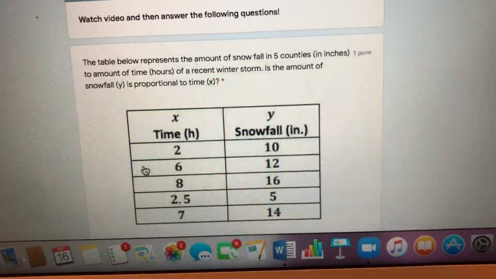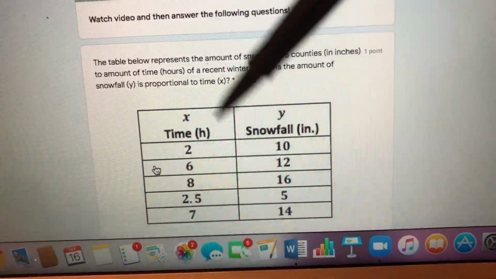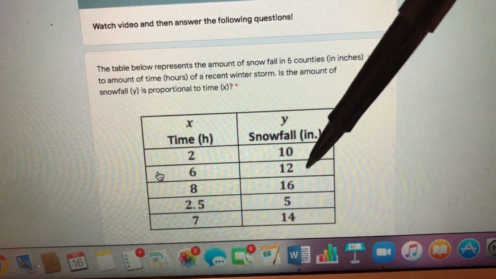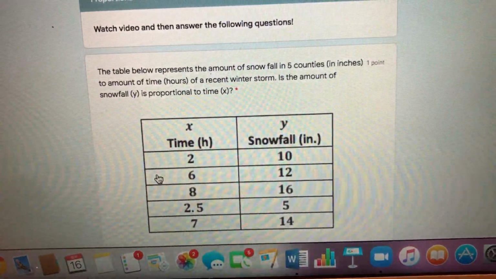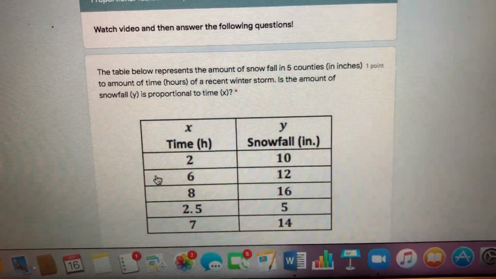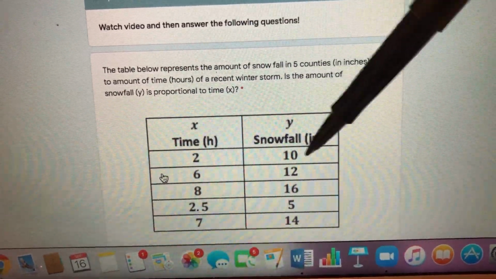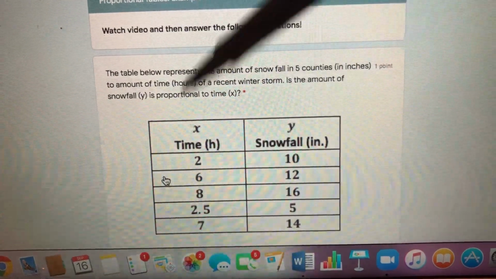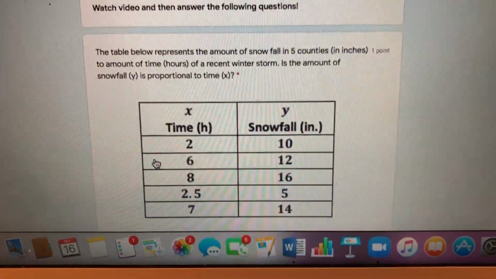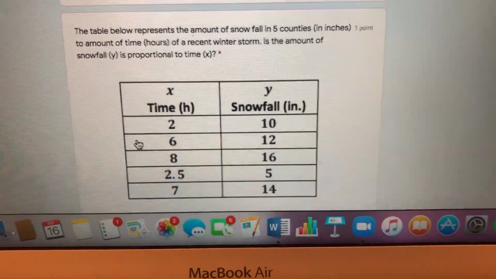The first thing is we need to remember that a proportional table means that all of these ratios are equal. The question is asking me, is the amount of snowfall, so is Y proportional to X, which is time? So the first thing I'm going to do is write down what the ratio is.